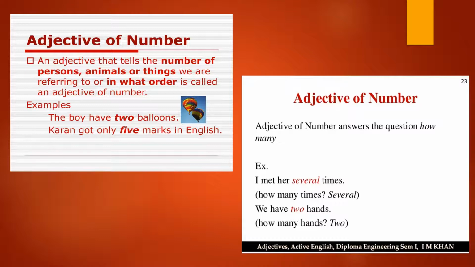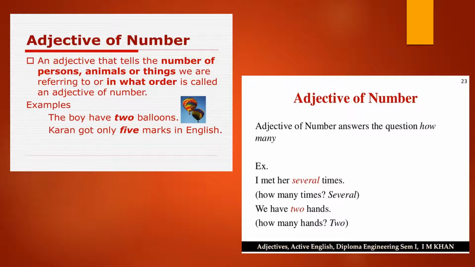Now take some examples. The hand has 5 fingers. Ashok has many flowers. There is some milk in the glass. In the above sentences, the adjective tells us how many persons or things are meant. Such adjectives which tell us how many are called adjectives of number.